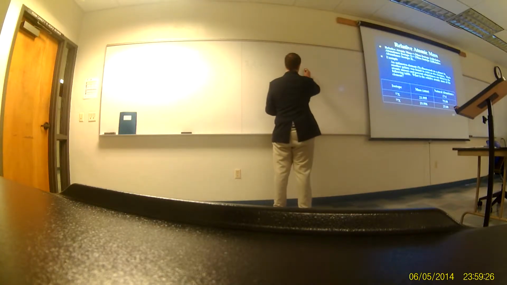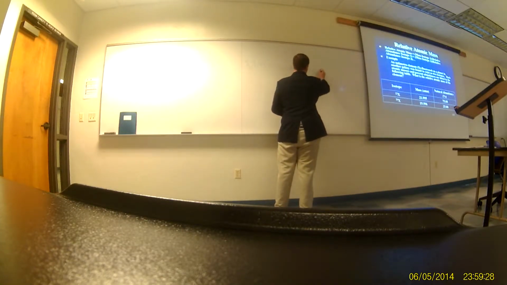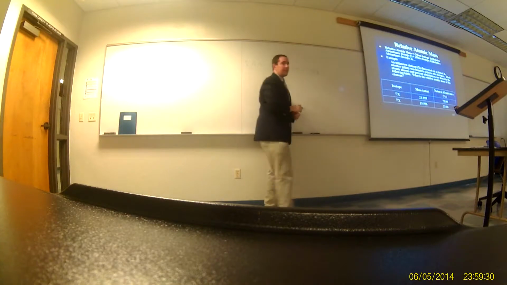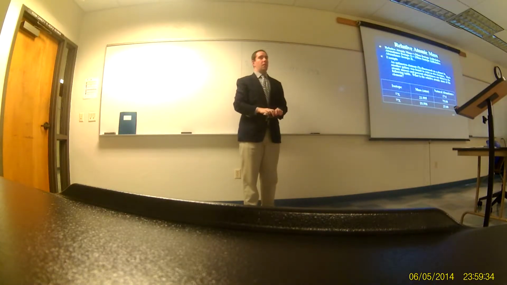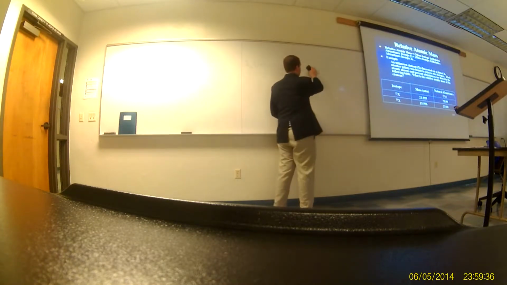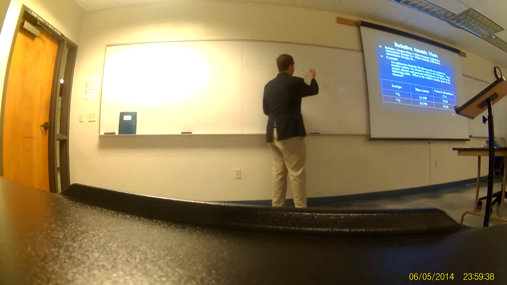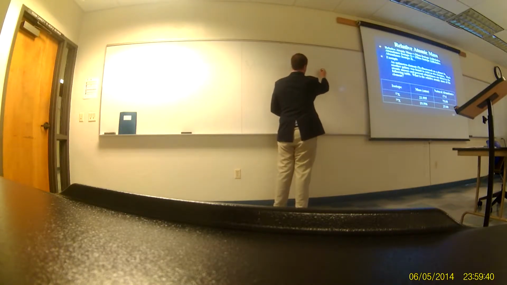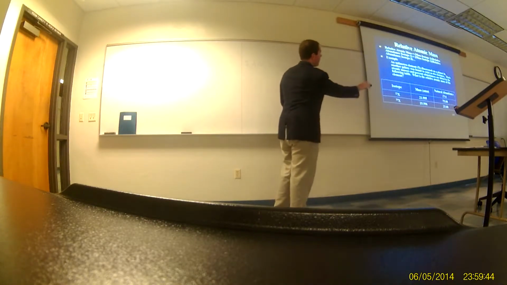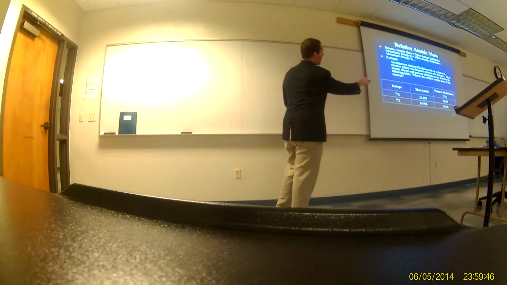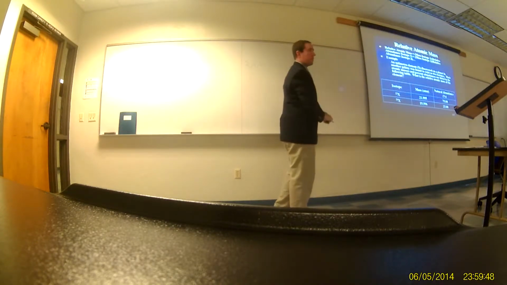Be careful when you put this in your calculator. Unless you have a calculator that will let you do percents, you're not going to put in 75. What are you actually going to put into your calculator? 0.75. So what we have here is the first part: mass of isotope 1 times its abundance.